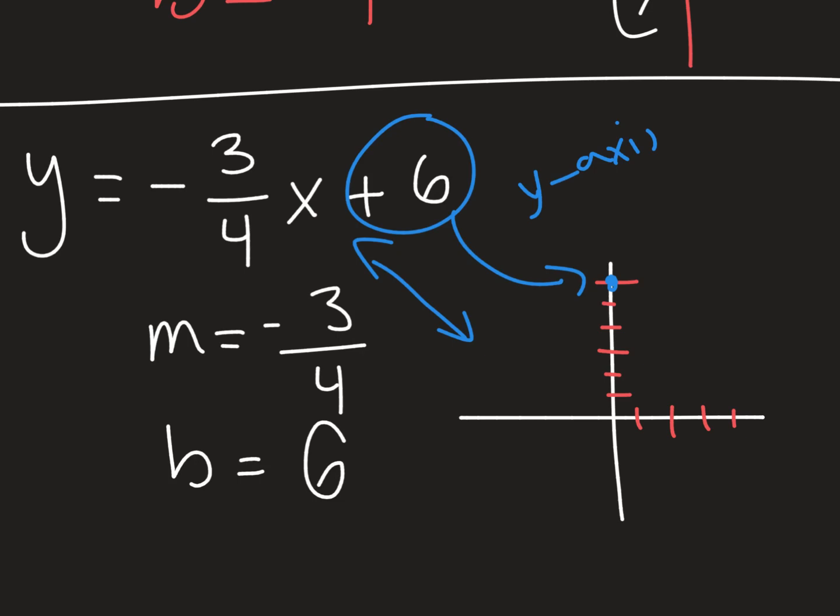Let's go down with the 3. 1, 2, 3. And then which way, right or left, is going to give me a negative slope? We want a negative slope, right? So 1, 2, 3, 4. If I move that direction, it'll give me a line that makes a negative slope.